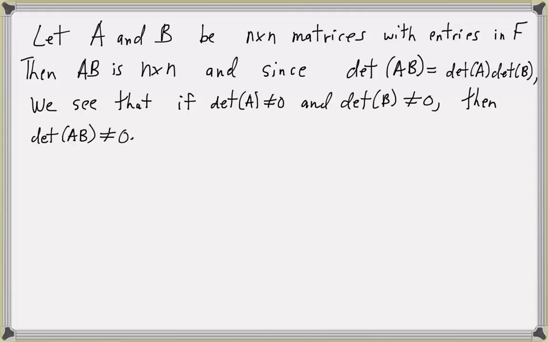So we can conclude that the general linear group is closed under matrix multiplication.